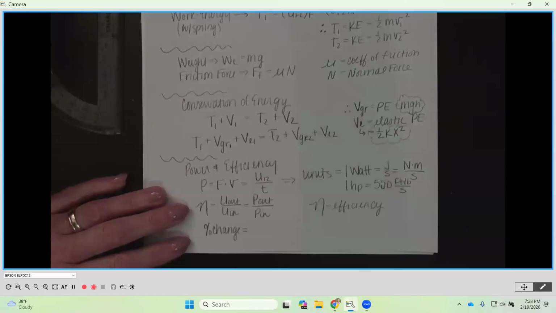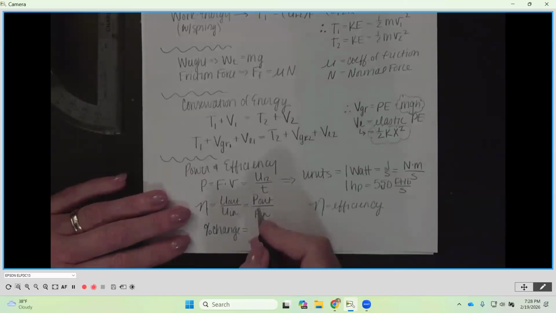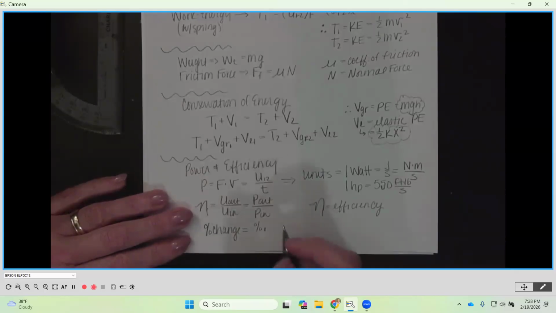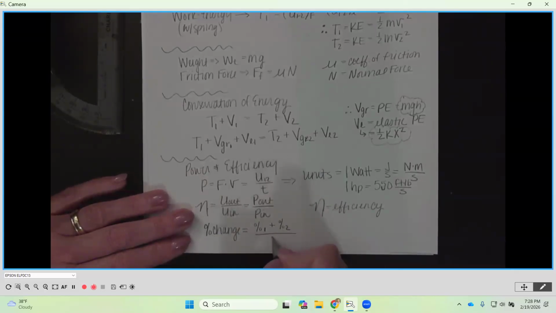They just don't have it in the book here, but we end up using it for a problem or two, so I want to be sure that you have it. So the percentage for state number 2 minus state number 1, divided by the initial, or state number 1, percentage. Okay, so that'll come in handy in one of our problems.